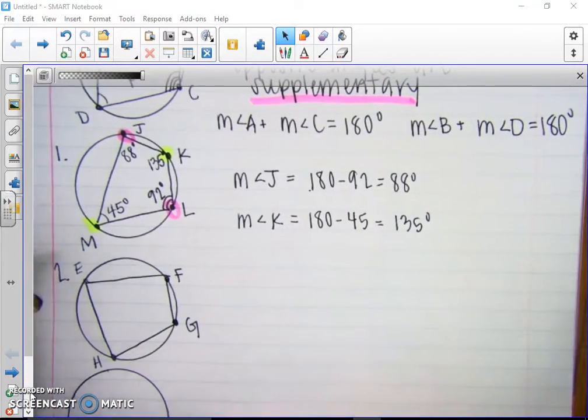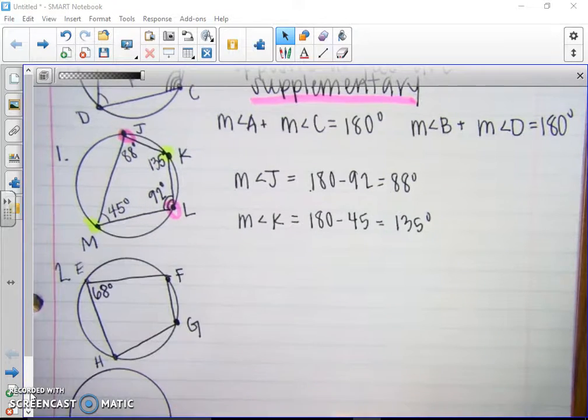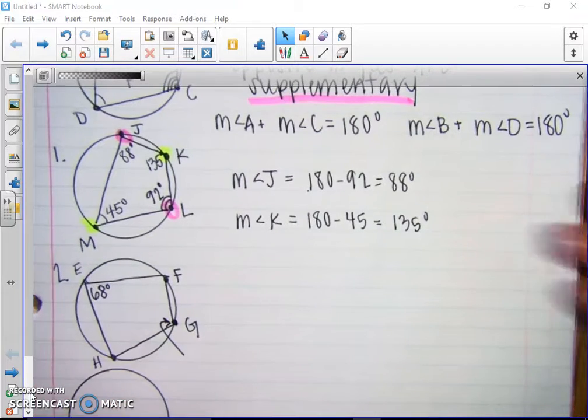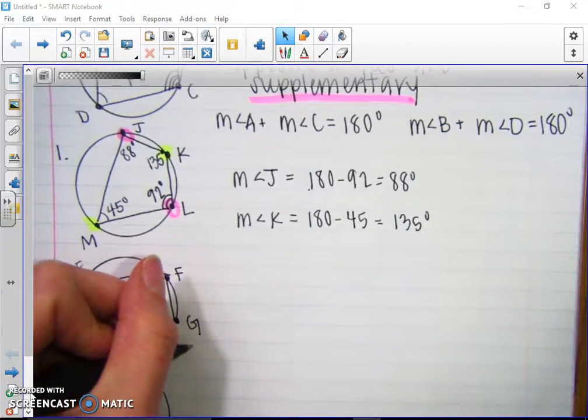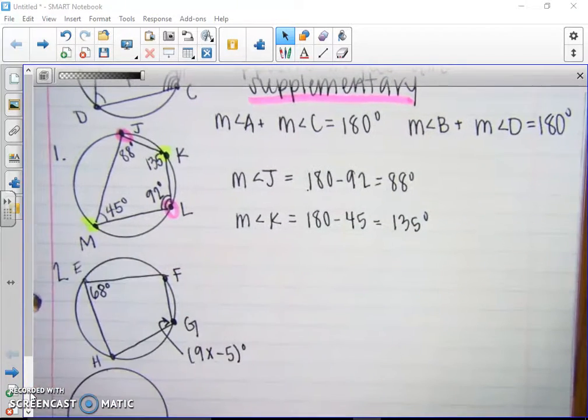I'm going to tell you that at vertex E, the angle is 68 degrees. And then I'm also going to tell you that the angle at G is an expression: 9x minus 5 degrees.